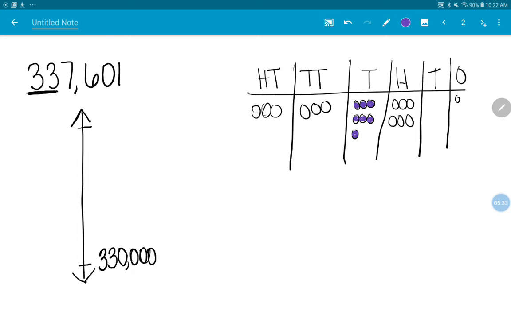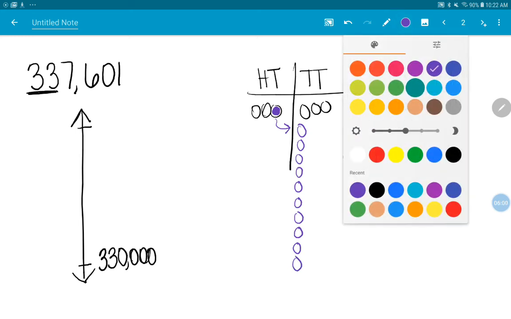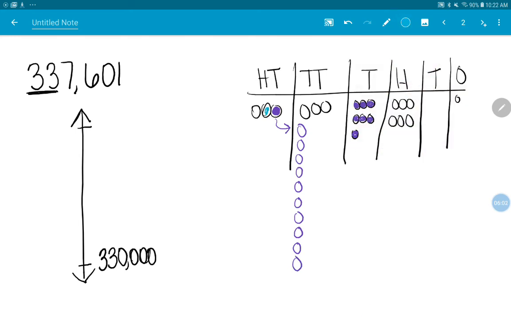Can I take these 300,000s and make them into 10,000s? Can I take this 100,000 right here and make it 10,000s? Yes. How many would it take? 10. 1, 2, 3, 4, 5, 6, 7, 8, 9, 10. Let's get another color. Can I take this 100,000 and make it into 10,000s?